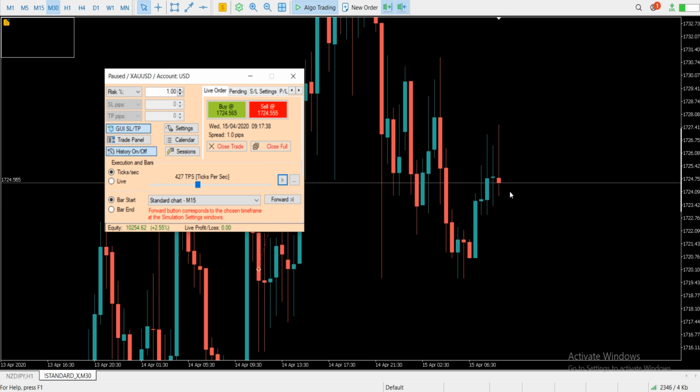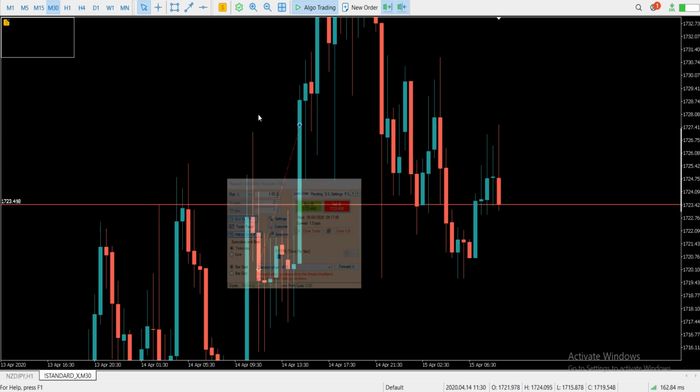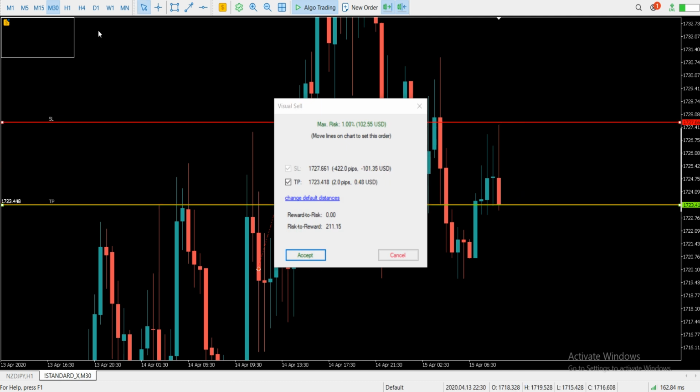Okay, if this candle breaks the low right here, I will execute a sell. Let's slow it down a little bit because I don't want to miss this trade. Right there. Let's execute a sell. Stop loss will go right there.